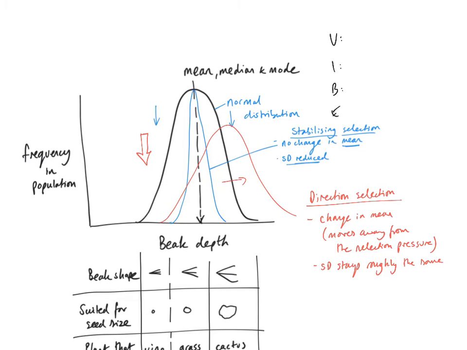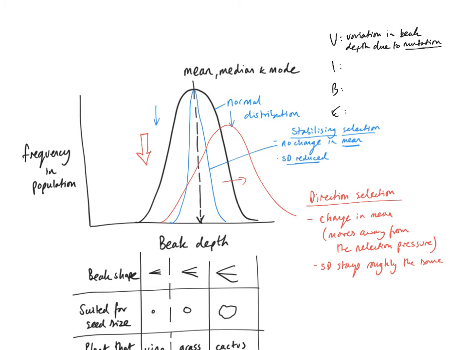If the question was, explain how the finches evolved bigger beaks, I'd say there is variation in beak depth due to mutation.